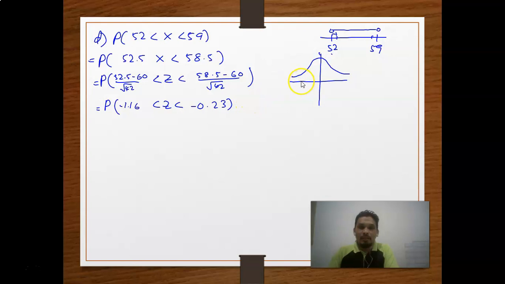Now negative 1.16 and negative 0.23. We bring this to the other side, so now here is 0.23 and here is 1.16.